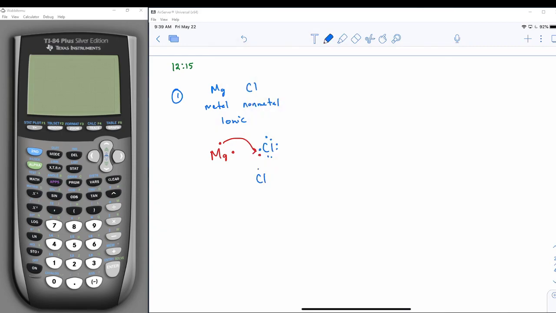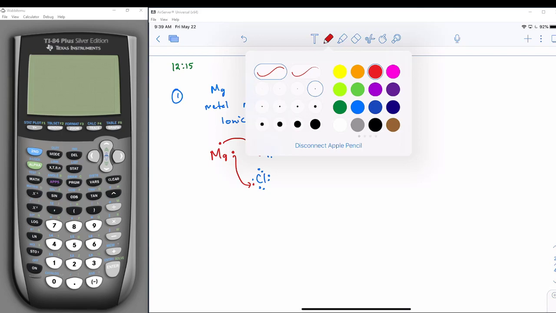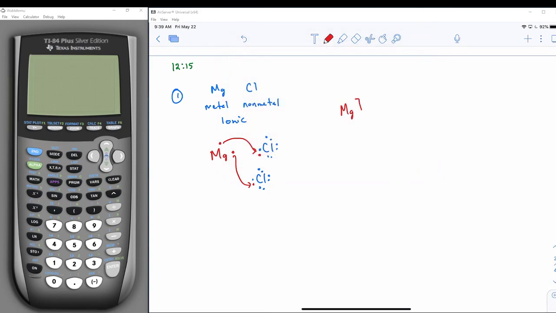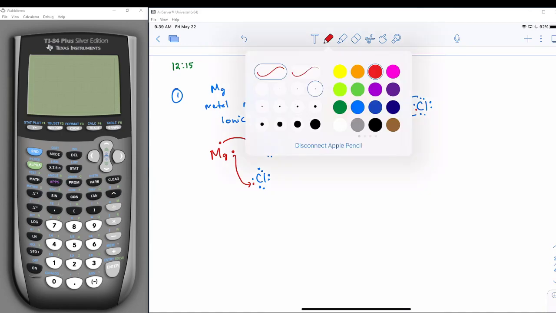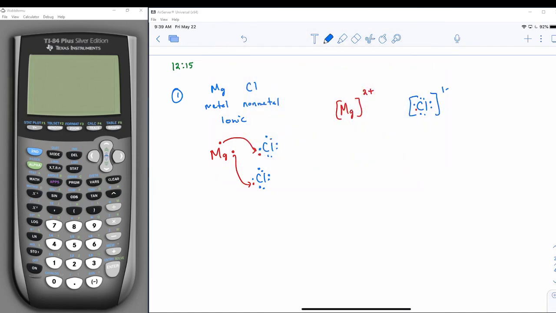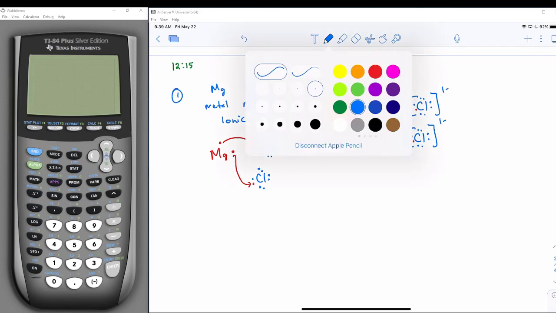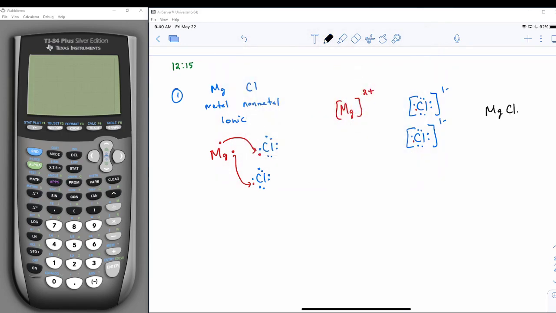So you need to have another chlorine here so that the other electron can donate there, which then results in having an Mg ion, which has 0 valence electrons, which is 2+, and 2 Cl ions that have a 1− charge. Which then equates to a formula of MgCl2.